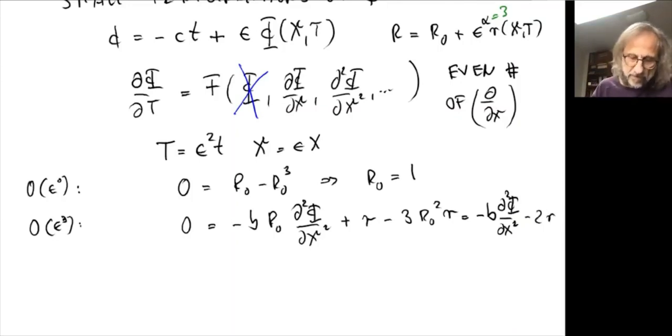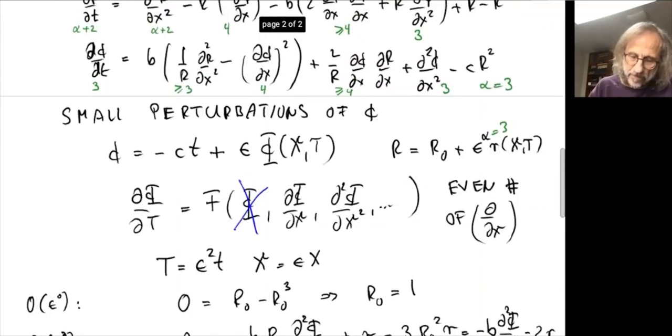Good. How about the phase? The phase equation, here we have a cubic term. This term is higher order. This is actually fourth, what is that? 2 plus 3 is fifth order. This is fourth order, forget it. So you only have this term and this term.